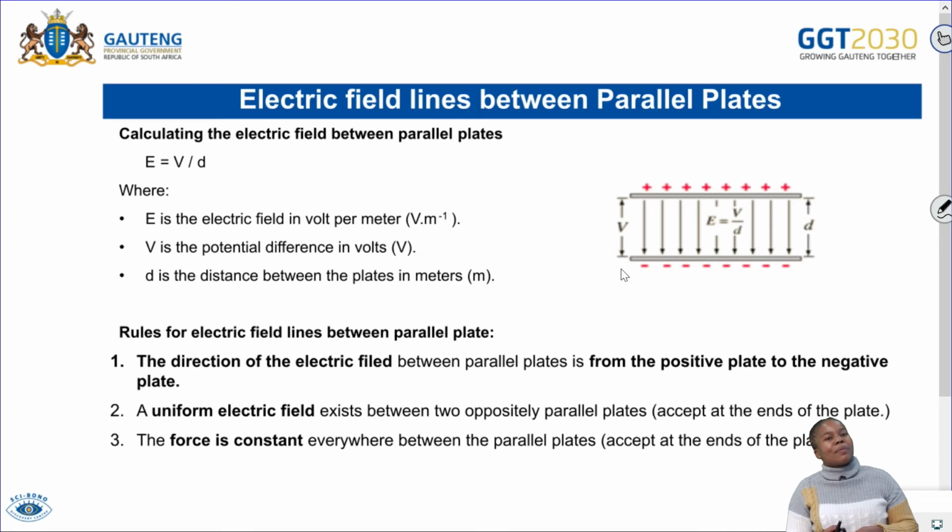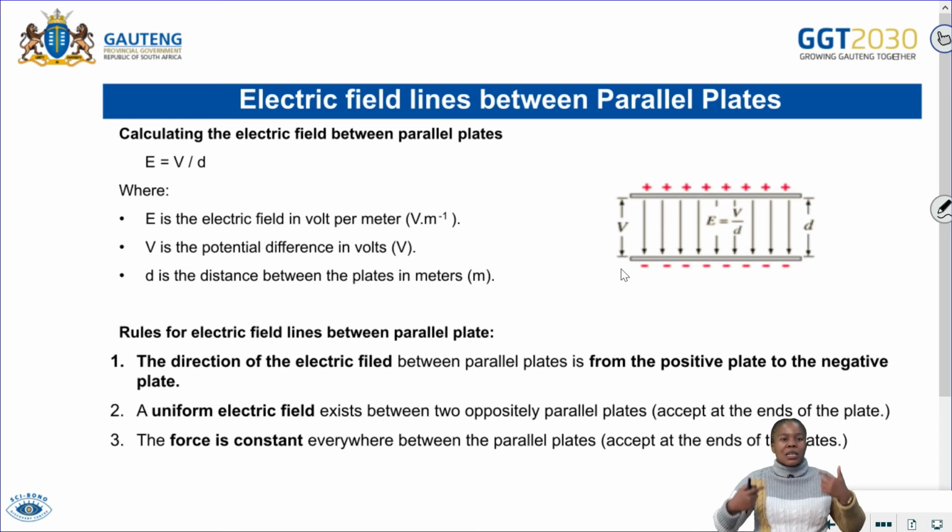Because a power supply is needed for the electric field to exist between the plates, there has to be a voltage, a potential difference, given to the parallel plates for them to function. So we have E equals V over d.